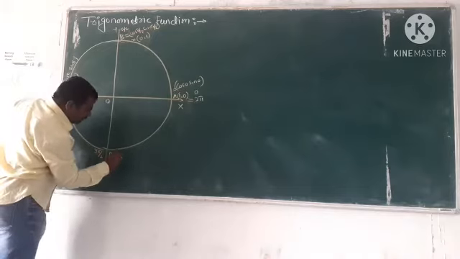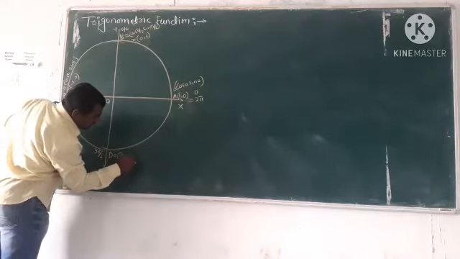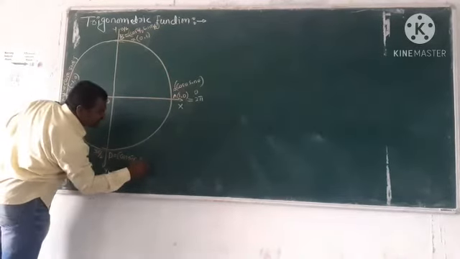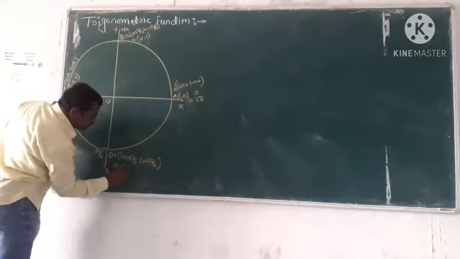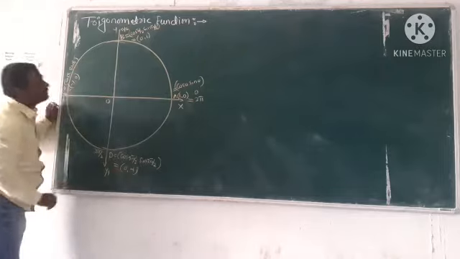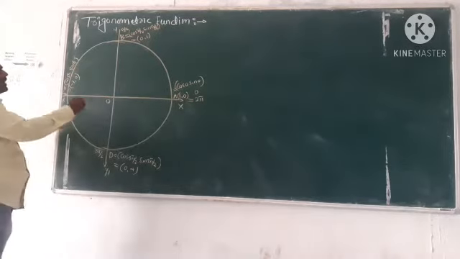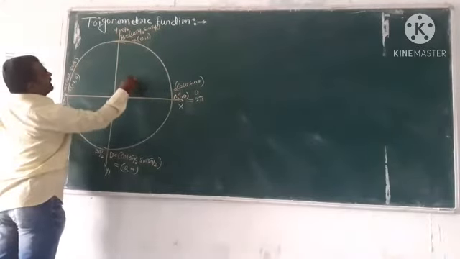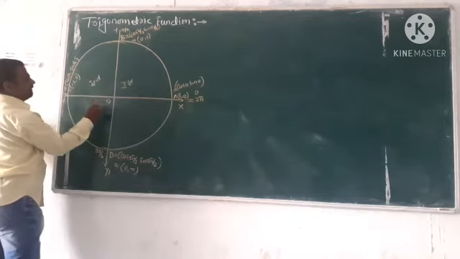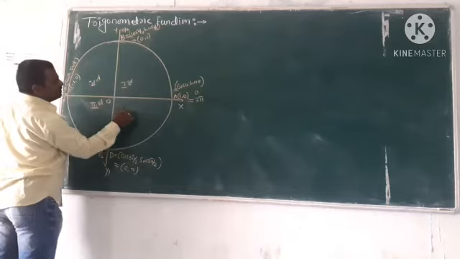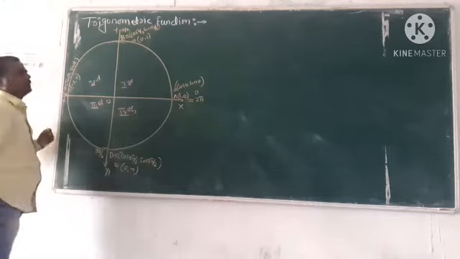So cos 3 pi by 2, sin 3 pi by 2 is the value 0, minus 1. Look at this one. This is the first quadrant, here second, here third, here fourth. All the quadrants.